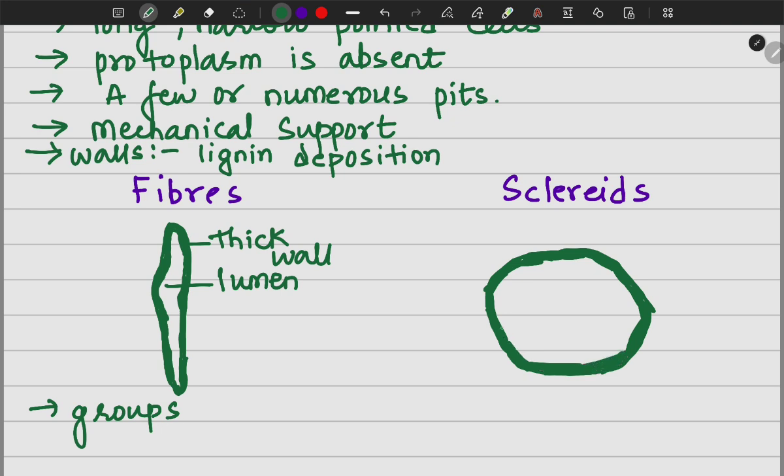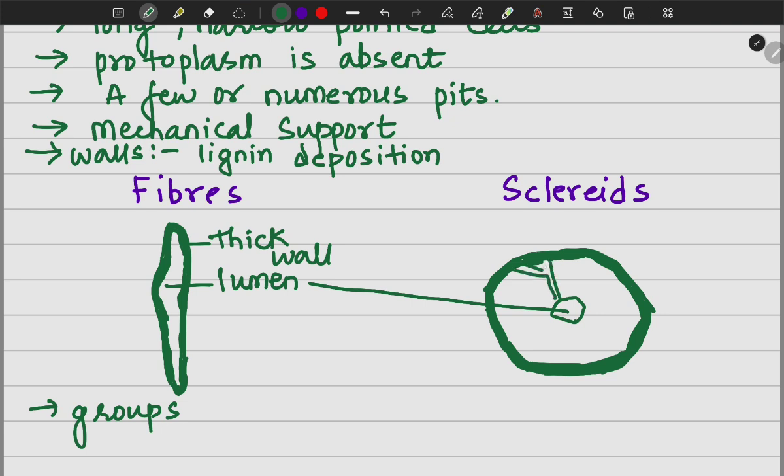So cell wall is lignified. Now the lumen will be very small in sclereids. So you can see in the fiber the lumen was a bit large, but here the lumen is very small. Now there will be pits.